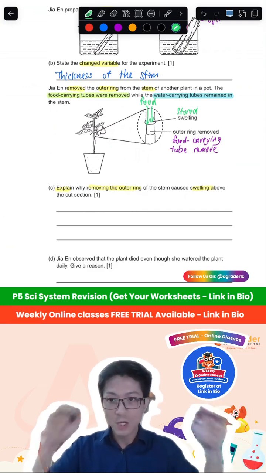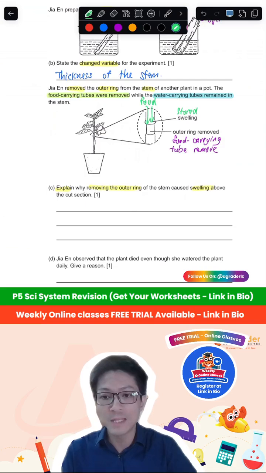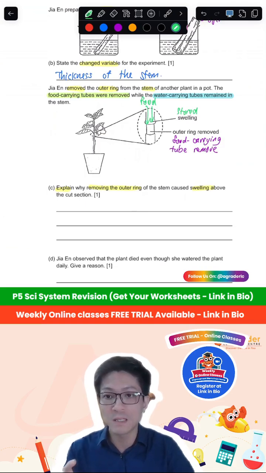Yes, food accumulated above the region and swell up. Okay, good. So when you are explaining, remember to say that the food carrying tube is removed.